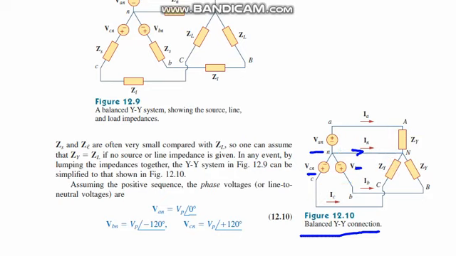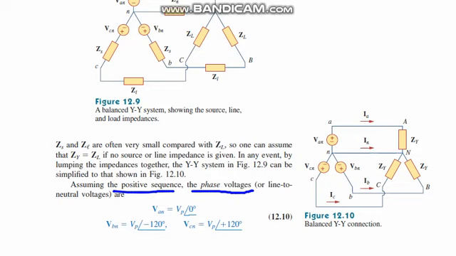Now coming back to the point, assuming the positive sequence for the phase voltages, keep in mind that in every calculation you have to look after the sequence also. It is either ACB sequence or ABC sequence. If it is positive sequence ABC, you have to follow the guideline of the previous ABC sequence.